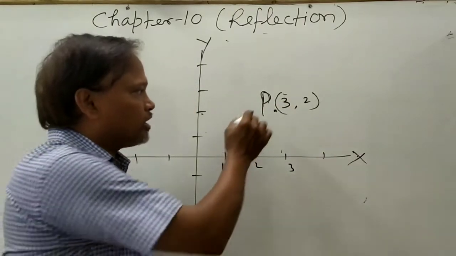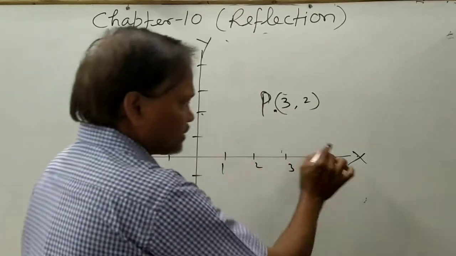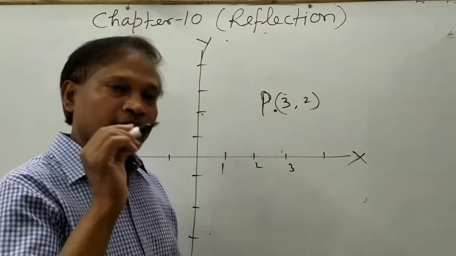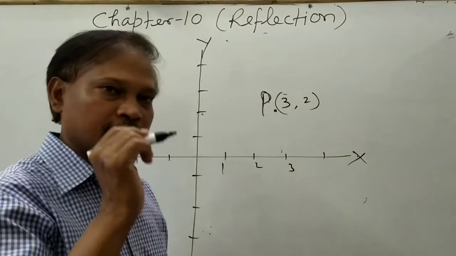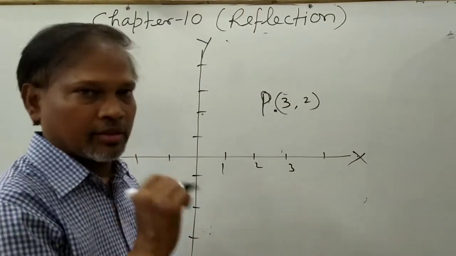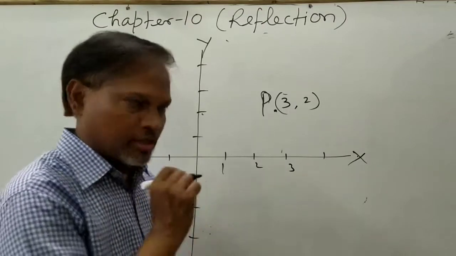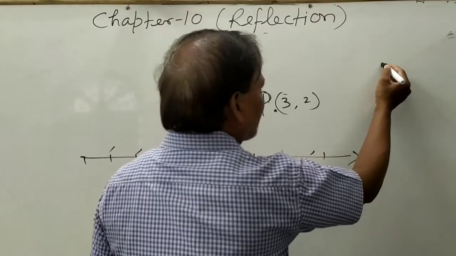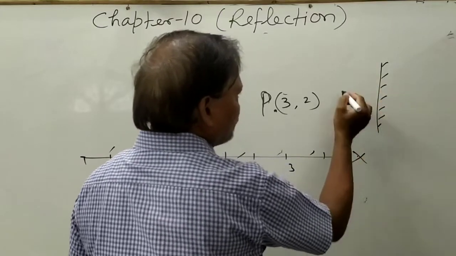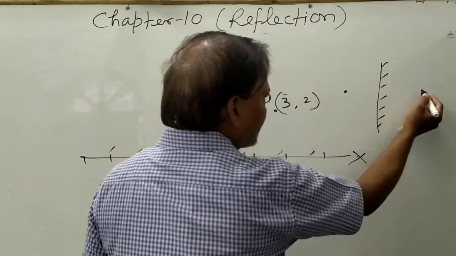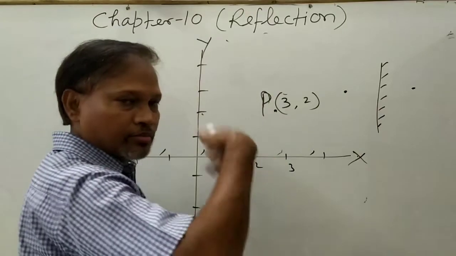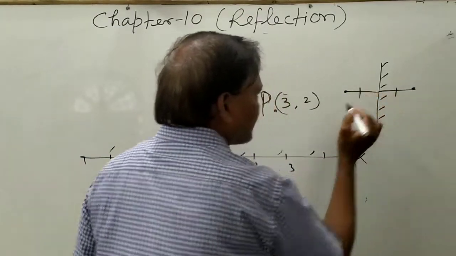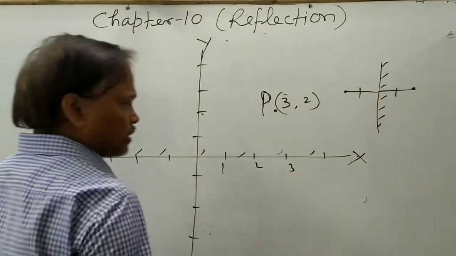Reflection of the point P through the x-axis. जब ये बोला गया है कि reflection through the x-axis, it means now x-axis is treated as the mirror. जैसे ये मिरर हो गया, अगर मान लें, जैसे अगर तुम लोग अपना फेस देखते हो मिरर में, यहाँ हो तो फेस कहाँ दिखाई देगा? यहाँ दिखाई देगा, जस्ट बिहाइंड द मिरर, एंड एट द सेम डिस्टेंस, ये डिस्टेंस सेम होगी. द सेम थिंग हियर आल्सो.